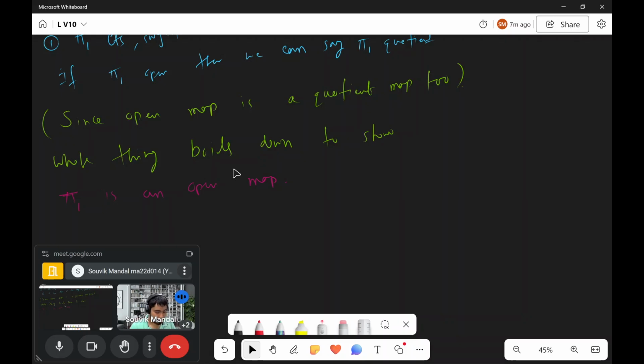That is what is to be shown: that pi 1 of U is open in X whenever U is open in X cross Y. This is what needs to be shown. Correct. So think about it and let me know.